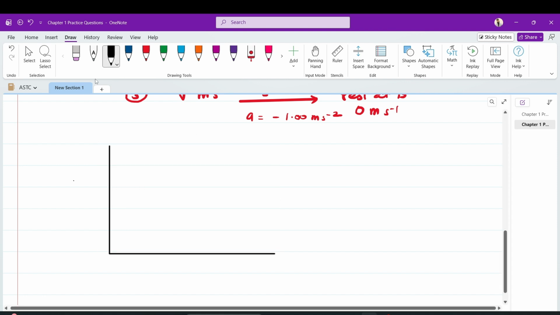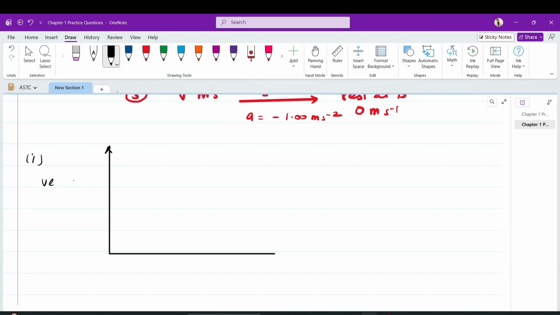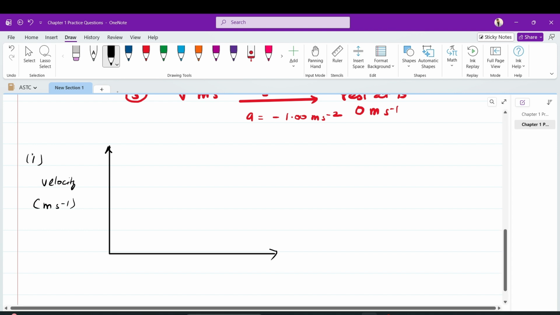All right. So this is our part one. This is velocity with the units meters per second, and this is time with the unit seconds.